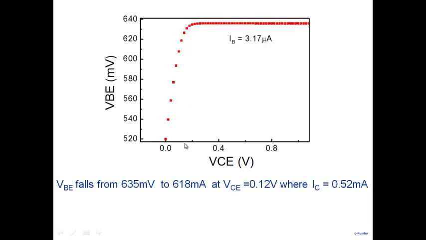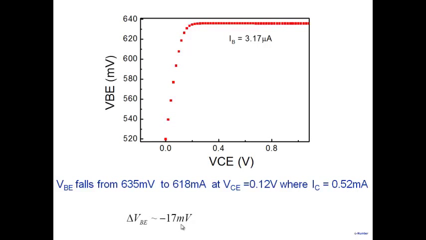If I go to 0.12 somewhere here, 618 is there. Right? How much is the change in base emitter voltage? 17 millivolt. It has dropped by 17 millivolt. Now, what has happened when you have gone from 635 to 618? The collector current has fallen from 1 milliampere to 0.52 milliamperes here.